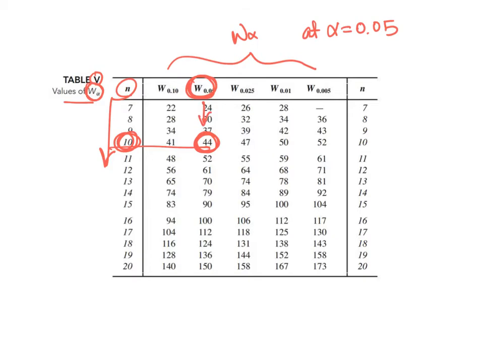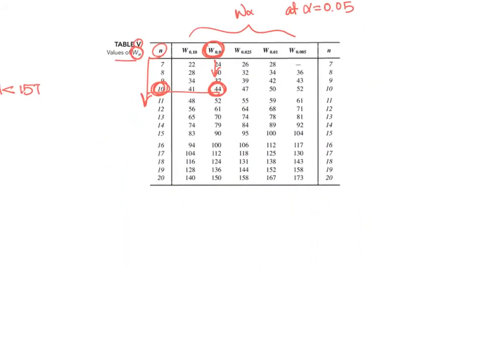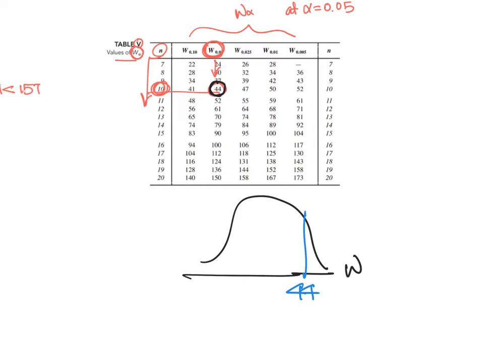But you have to be careful, you know. When I roughly have a bell shape for W, right? The 44, that is the upper one. It's actually the upper one, 44, right?